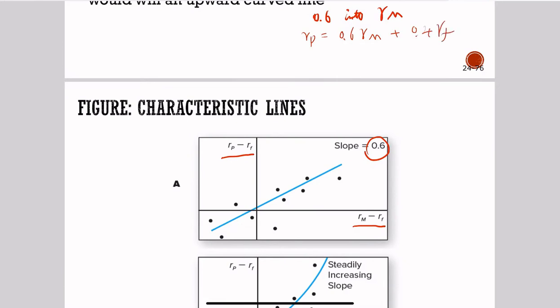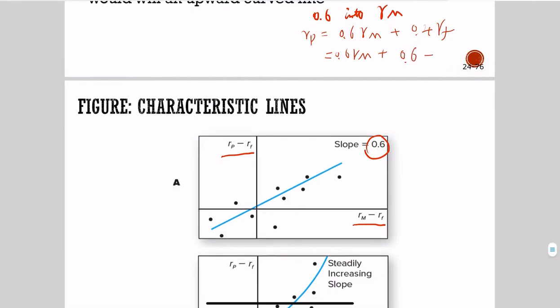And you can see that this 0.4 times the risk-free rate is essentially minus 0.6 times the risk-free rate plus 1 times the risk-free rate, right?